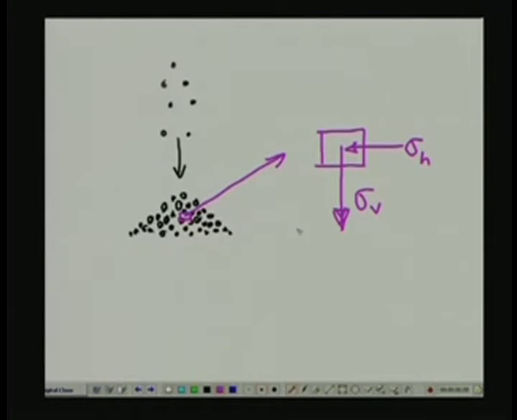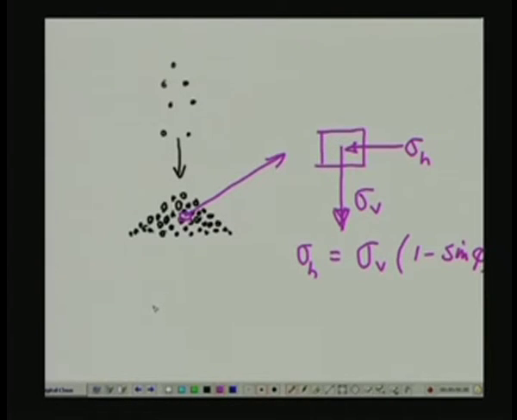Typically in this case, sigma h is controlled by the friction angle, and it is given by sigma v times (1 minus sine phi) typically.